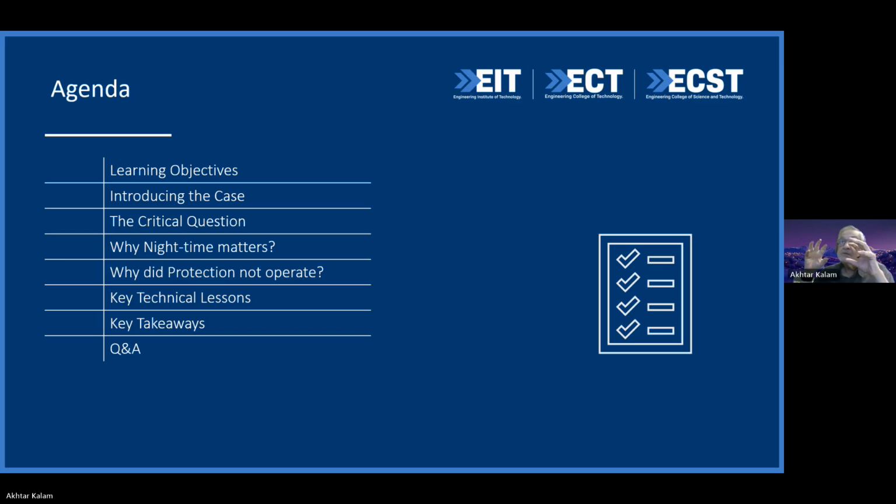Is it something dangerous which comes out in engineering? And why did the protection not operate? Utilities spend hundreds of millions of dollars trying to get protection right. Why did it not operate? Then what are the key technical lessons and key takeaways? That will be followed by question and answer.